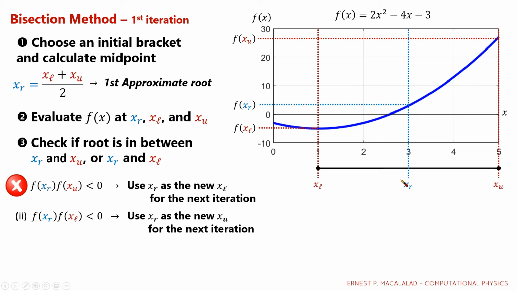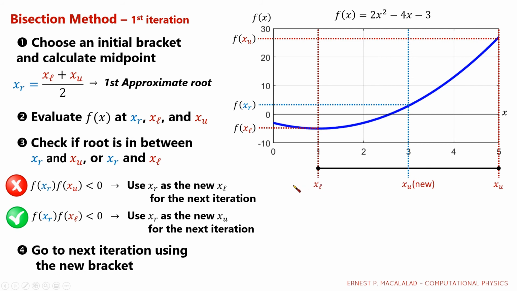So for the next iteration, we're going to use the xr computed in this iteration as our new xu. Then we have a smaller bracket, and we go to the next iteration using the new bracket.